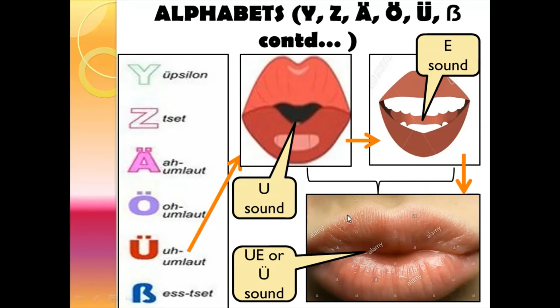Now the mouth is still rounded, as you can see in this image, but rounded such that the air passage is very little compared to the air that you let out when you make the U alphabet sound.